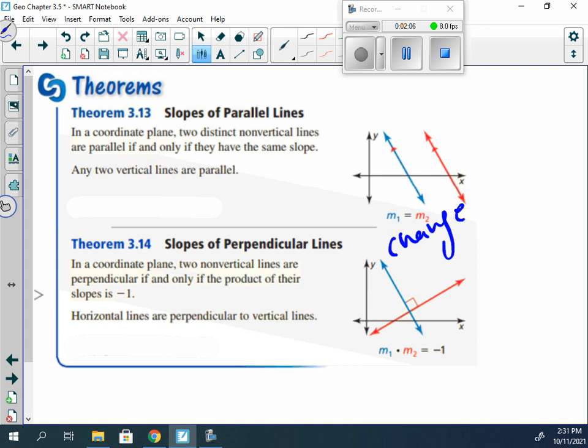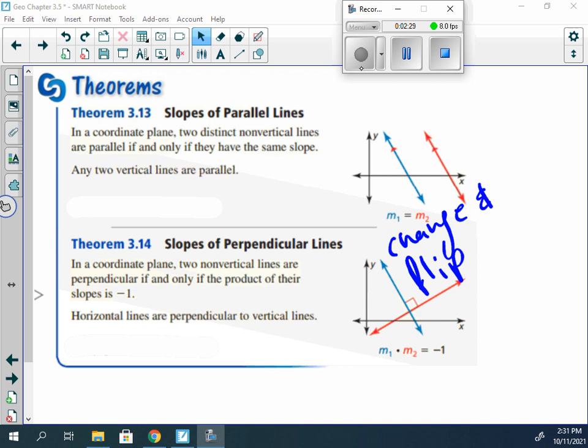Change the sign and flip. So for these here, if two lines are perpendicular, we change the sign and flip it. It's the opposite reciprocal. Now, two lines are parallel if they have the same slope.